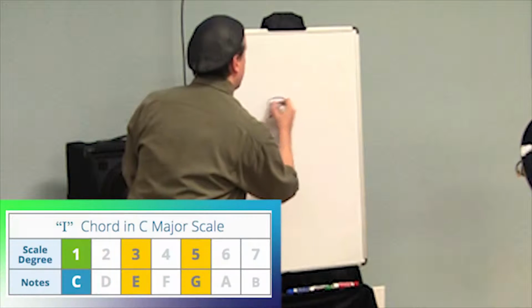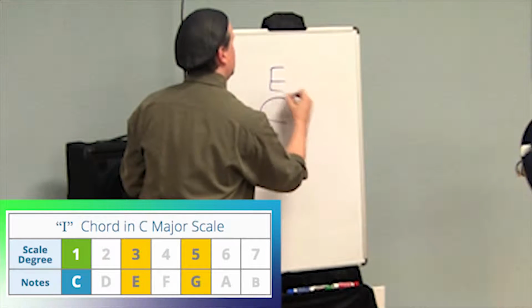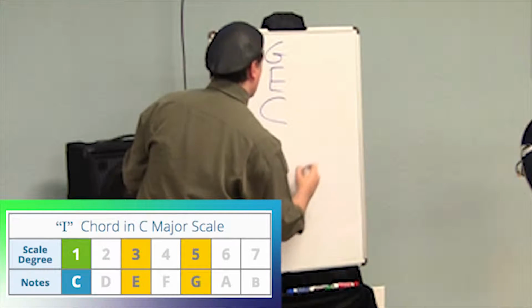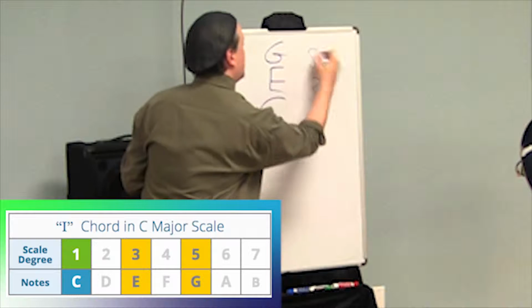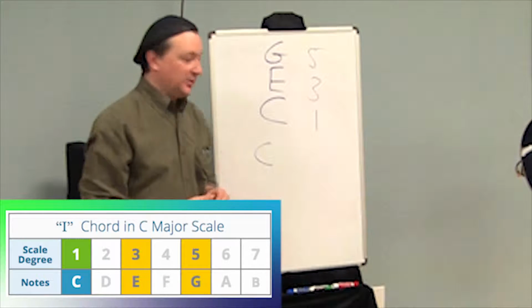So if we start on the first scale degree, and this is exactly how we built the major chord, this ought to be real easy for everybody to understand. If we start on the first scale degree, and we take the note C, and we skip the next, and we take the note E, and we skip the next, and we take the note G, we call that a C major triad, 1, 3, and 5 of the major scale.